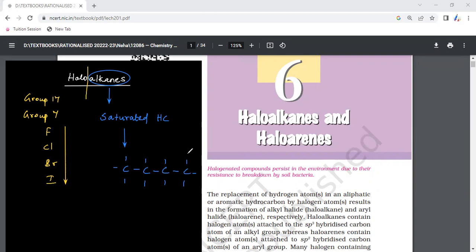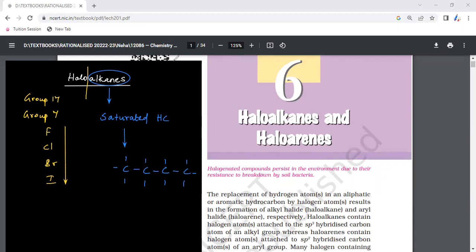This tells us that the 4 valence electrons of carbon are satisfied by 4 hydrogen atoms in the case of this hydrocarbon. So I have drawn one carbon skeleton. Around this carbon skeleton, you could see that all the bonds are single bonds. This is a saturated hydrocarbon.